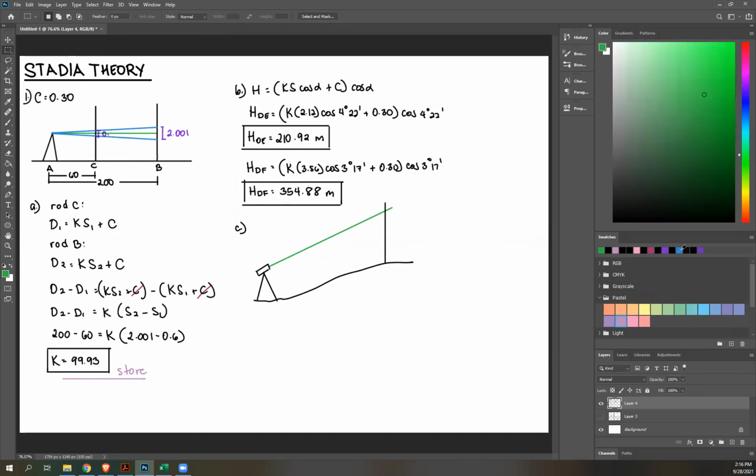So this is point B. This is E. Okay, and then this is what 4 degrees, 22 minutes is. This is your H. And that is what we solve for.